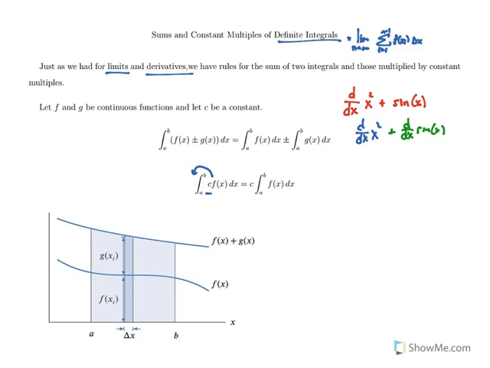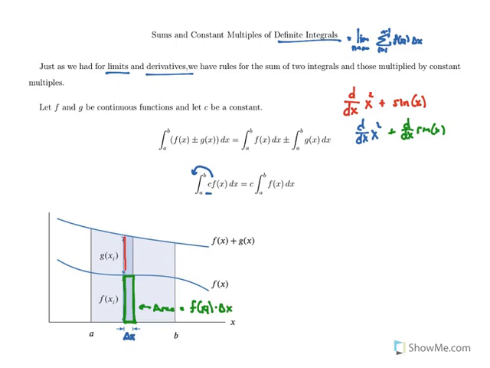To give some reasoning as to why we can just add functions inside of the integral, beyond just the idea of the limit, we think about area under the curve, we think about the areas of rectangles. Let's think about the area of some rectangle, where delta x is our base, and we have two different ones we're doing. We have the f part here, f of x sub i. The area of this rectangle is f of x sub i times delta x.